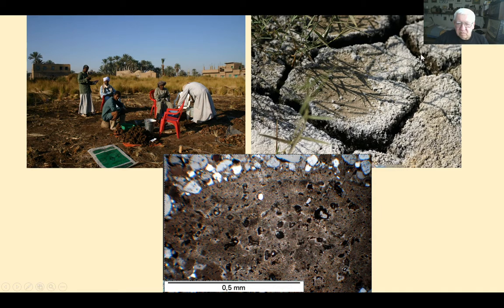There are plenty of mud cracks, and there is crystallization of salts on the surface and in these small cracks. This is this white substance. There is halite, NaCl, but there are some other salts, gypsum, etc.